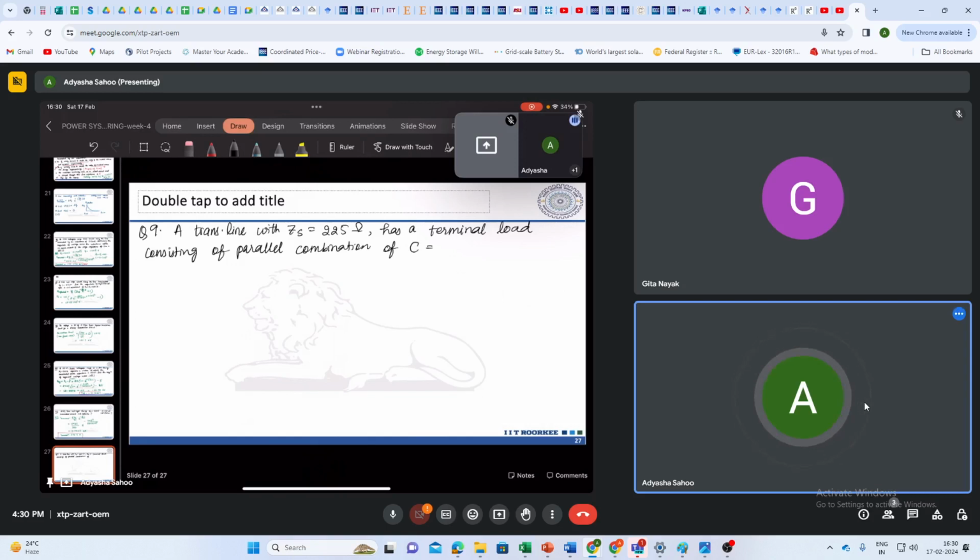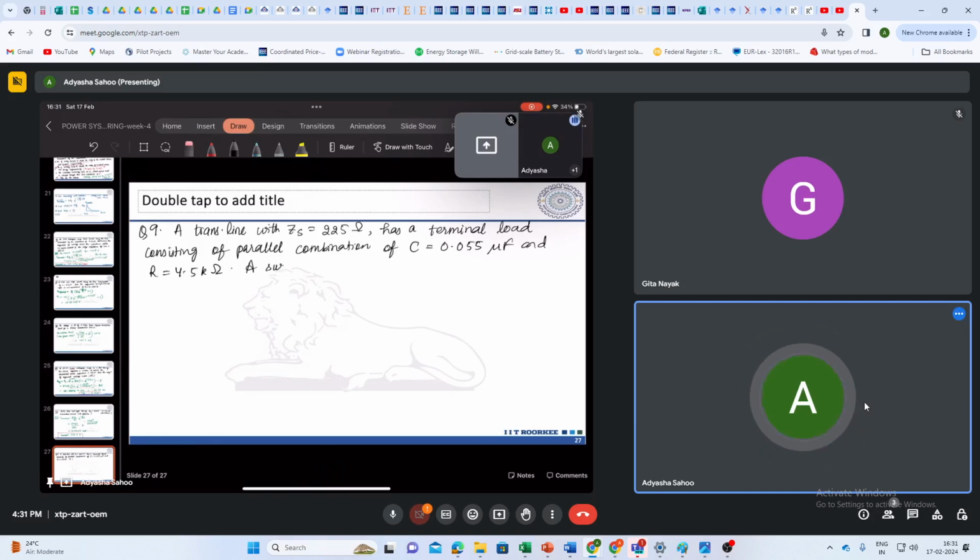Basically C is 0.055 microfarad, and R is 4.5 kilo ohm.